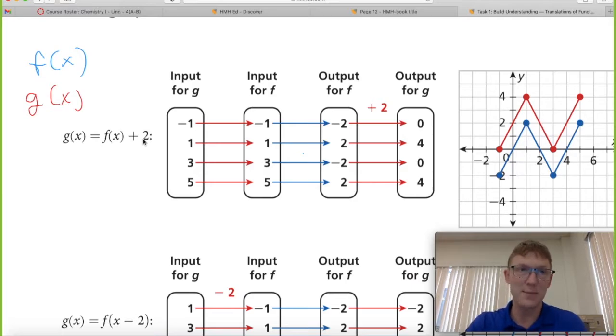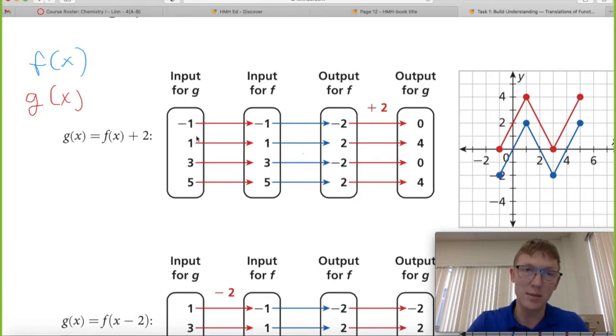So for example, if we input -1 for x, our output for f, just our regular f of x, is -2. That's what is given. And then our output for g is 2 greater than our f.